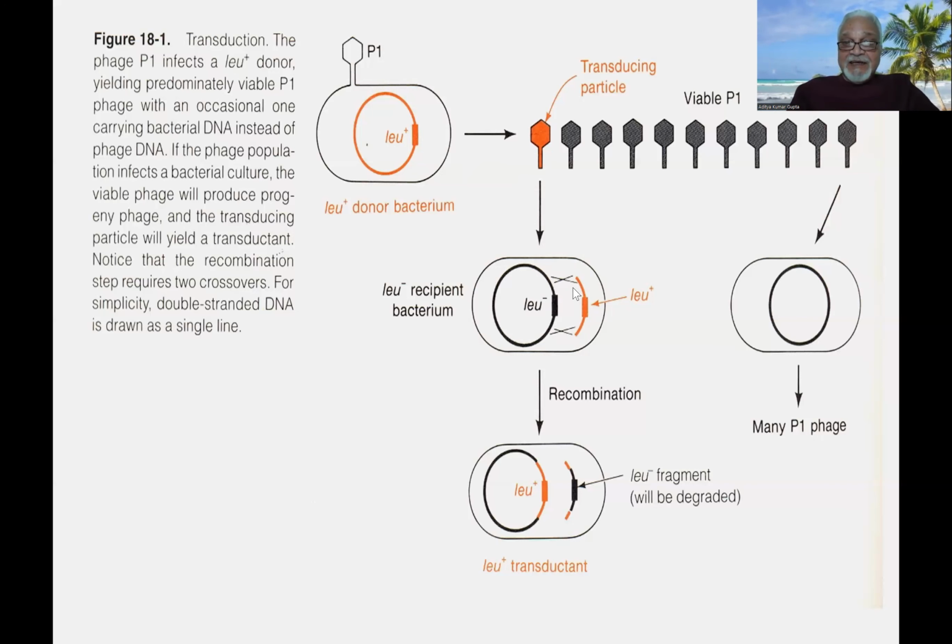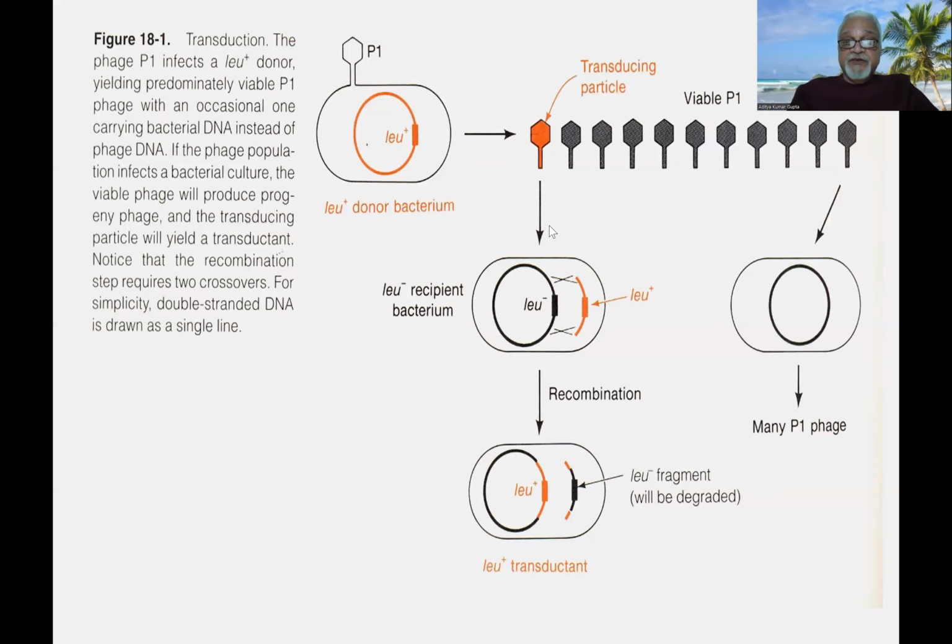recipient cell, what happens? It recombines here and makes this recipient cell go from Lu minus to Lu plus like this, and Lu minus is degraded. So allele replacement takes place here, and you get a Lu plus transductant. It is the transduction happening.